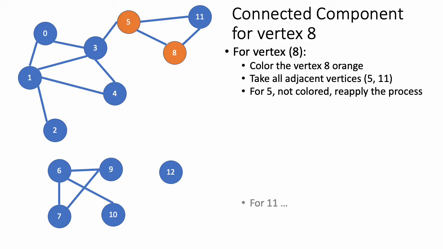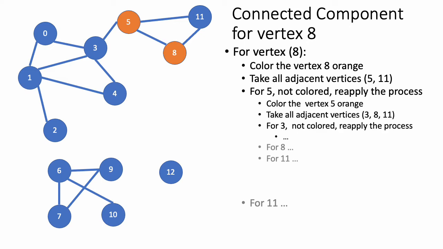And sure, I start by coloring the vertex 5 orange. I take all the adjacent vertices for 5, which are 3, 8, and 11. And for 3, which is not colored, I will reapply the process. After I finish 3, I will also need to take 8 and 11. But for now, let's concentrate on 3.